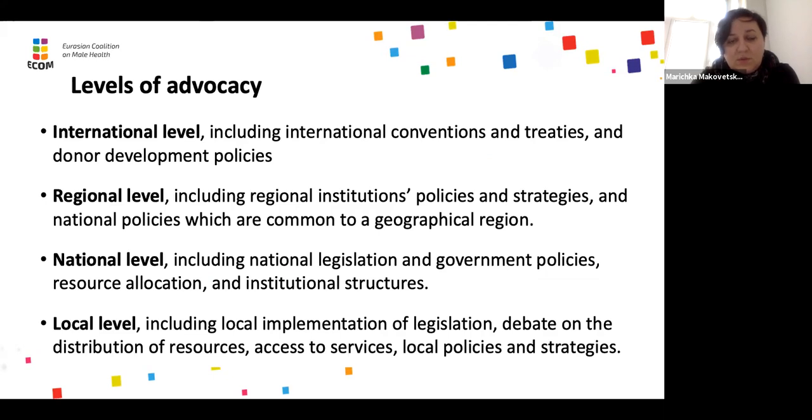Then the national level, where we talk about national legislation, government and policies, and some national institutions. Then the local level, including local implementers of legislation, debates or distribution of resources, and local policies and strategies. The local level may be the level of a city, of an oblast, or even of some facility.